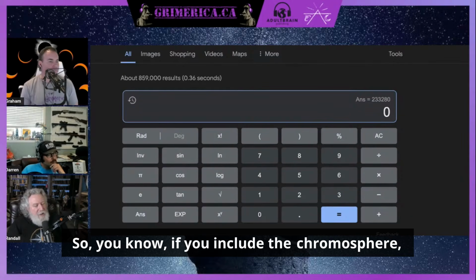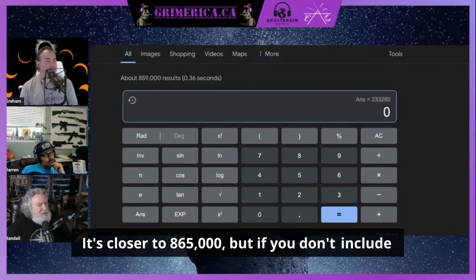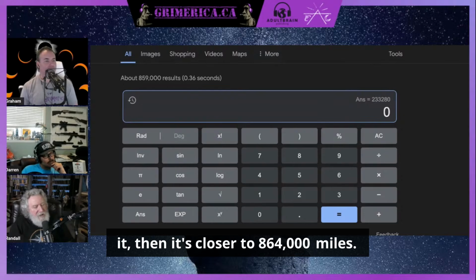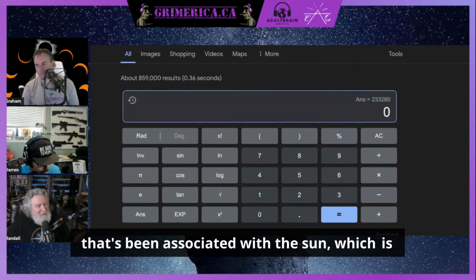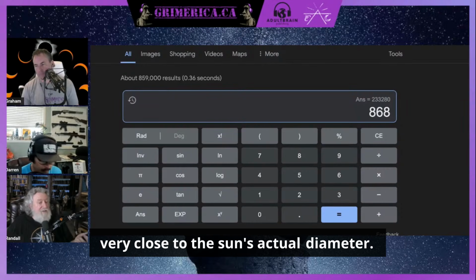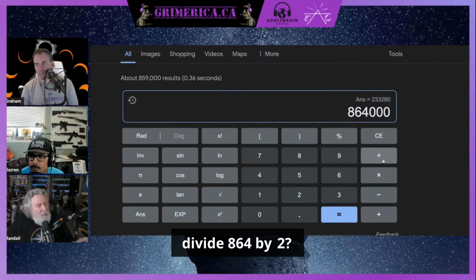If you include the chromosphere, it's closer to 865,000 miles. If you don't include it, it's closer to 864,000 miles. And that's, I think, the traditional number associated with the sun, 864,000, which is very close to the sun's actual diameter. Now, of course, what happens when you divide 864 by 2?